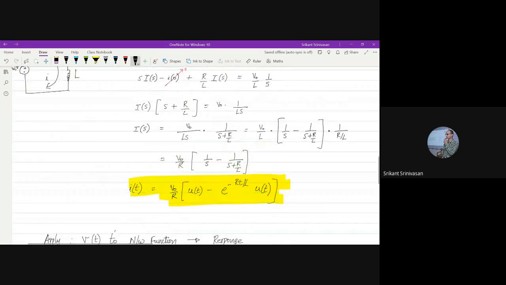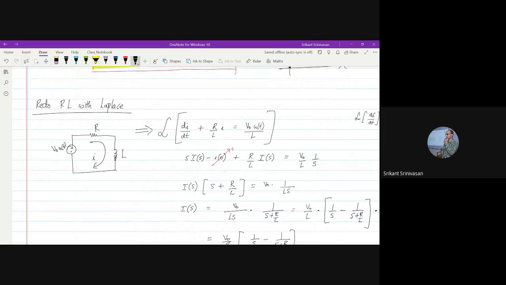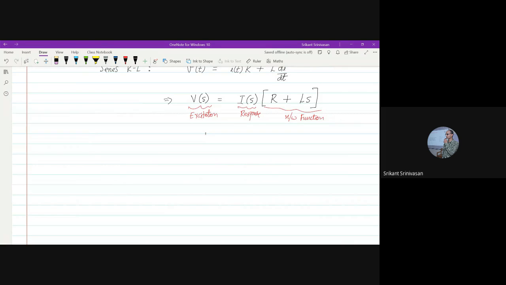Let's call this case 1. So now we'll say that V of t is equal to V naught times delta of t.